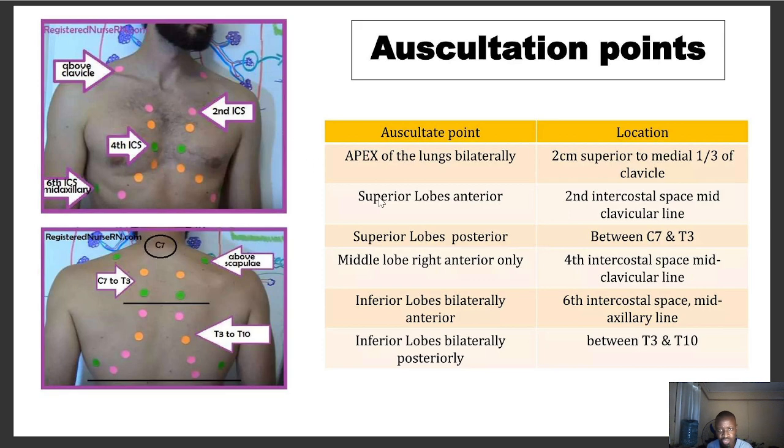Next, if we want to auscultate the superior lobes of the lungs anteriorly, we listen at the second intercostal space, mid-clavicular line. This is our clavicle bone, so we go mid-clavicular, second intercostal space, at this point. Here we are listening to the superior lobes anteriorly.